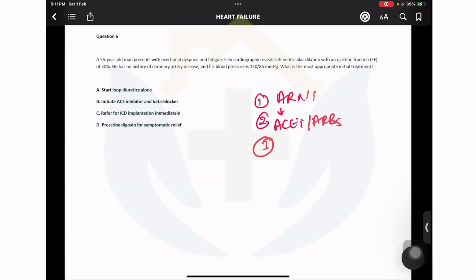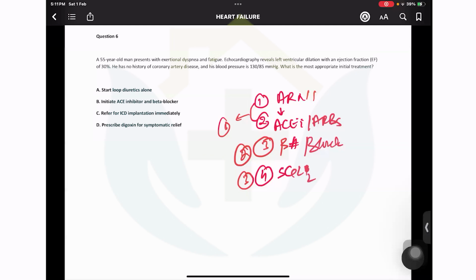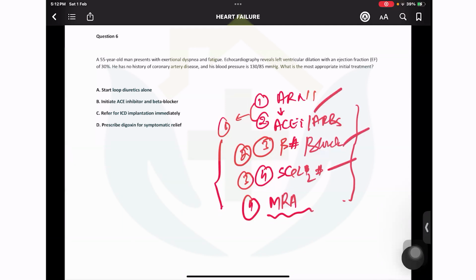Third line would be SGLT2 inhibitors, and beta blockers, and the fourth will be mineralocorticoid receptor antagonist. So what we have done is we have started this patient on all four.